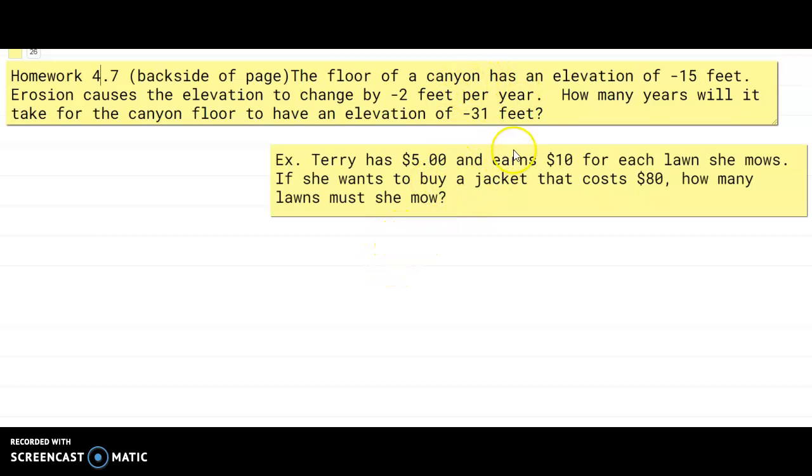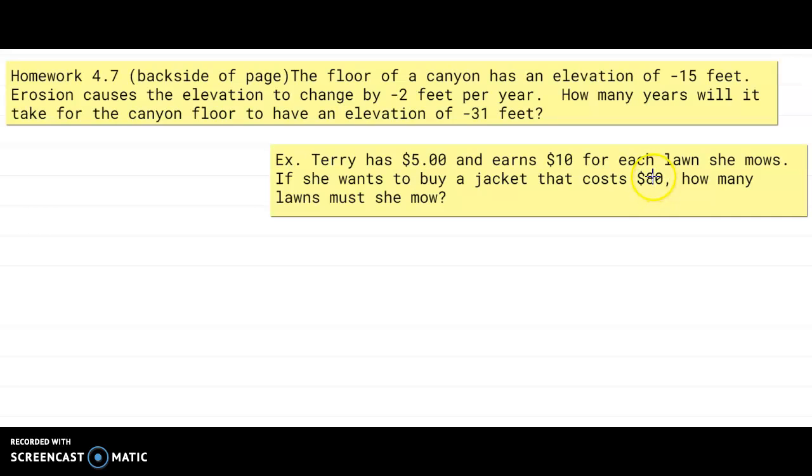So even though you can probably solve this in your head, you're being asked to write an equation. That means we have a variable and an expression that's equal to an amount. So how many lawns does she have to mow in order to have $80?